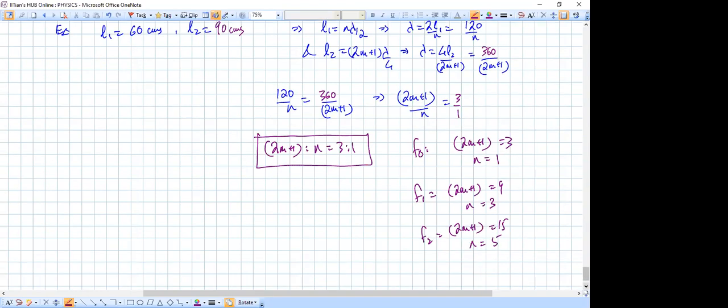And what will happen is that for the fundamental mode, L1, which is 60 centimeters, will be equal to n, which is 1, into lambda by 2, or L2, which is 90 centimeters, will be 2m plus 1, which is 3, into lambda by 4, sorry. Okay. So either way, you can see you will get lambda as 120 centimeters.